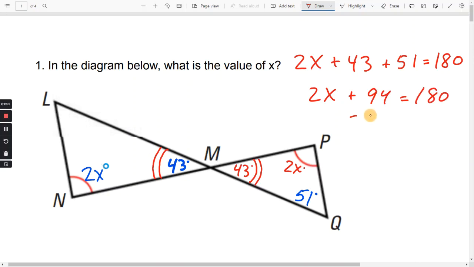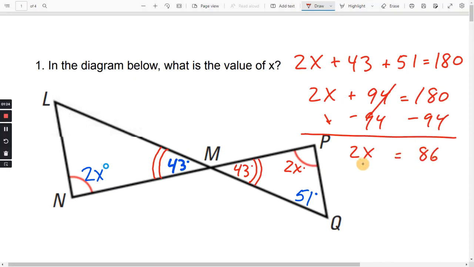And then subtracting 94 on both sides. Bring down the 2x. 94's cancel. And this equals 86. And then dividing both sides by 2, x equals 43.